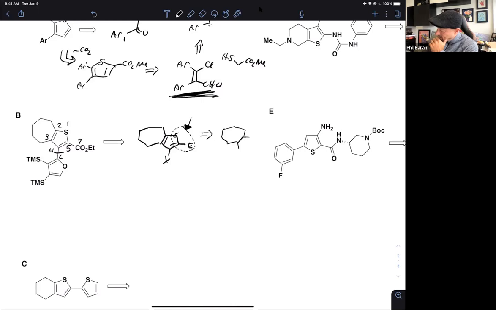Every time you see that, it's screaming out Fiesselmann. That means this compound is needed. This can be O-triflate, and then we can do Suzuki coupling to put in that biphenyl. And this just comes back from that with dry HCl or POCl3 or oxalyl chloride, whatever. And then that can come back to the corresponding ketone.